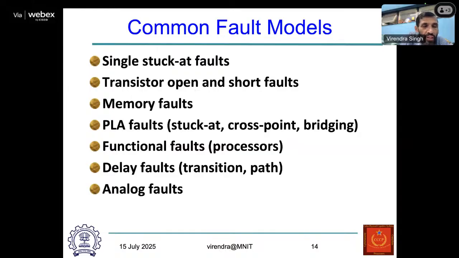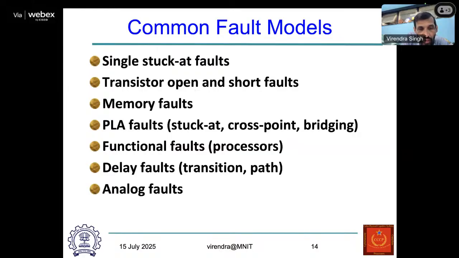So now the way was to somehow combine the structural test plus the functional test, and that is called instruction based test of the processors, or software based test of the processor. That became quite popular and quite common lately. So that's another kind of fault model people are using. Maybe if time permits, we can discuss a little bit about this.